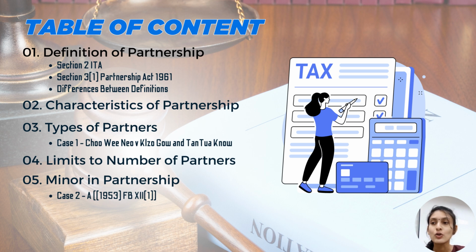Alright, after the first case is delivered, we will follow with the discussion on limits to the number of partners and minors in partnership. After we discuss content number 4 and content number 5, we will deliver the second case to make sure all of us understand what they are all about.